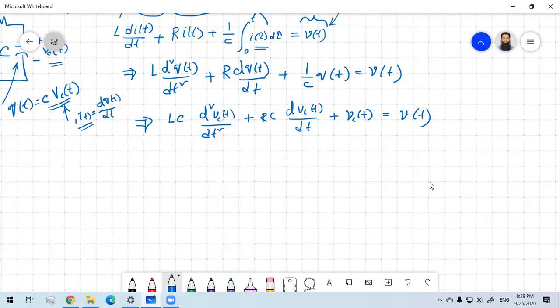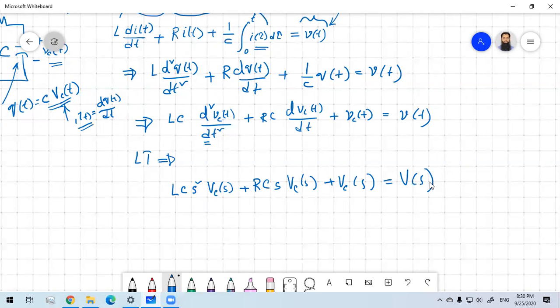If all the initial conditions can be assumed zero, because no initial value is mentioned, we can take the Laplace transformation, which will give us LC s² Vc(s), because in the Laplace domain all the parameters are capital letters, then plus RC s Vc(s) for first order, plus Vc(s) should be equal to V(s).